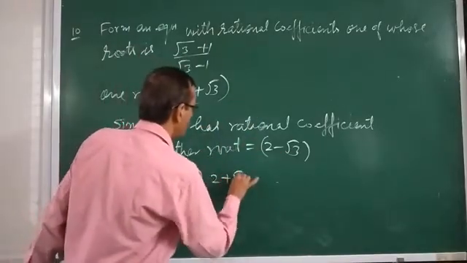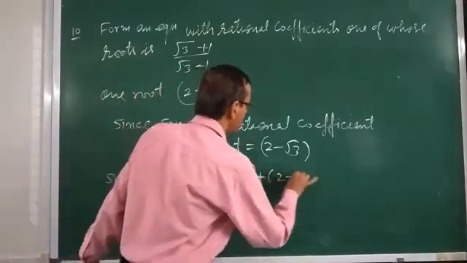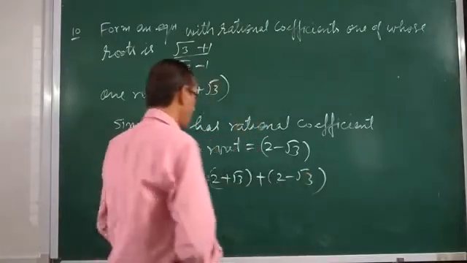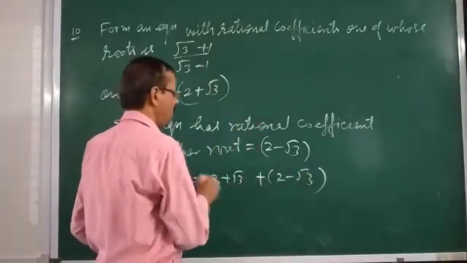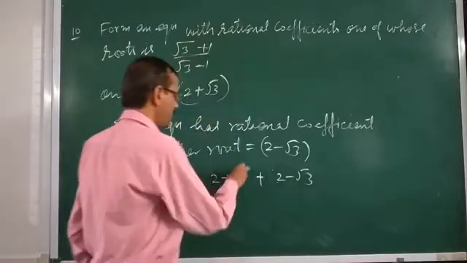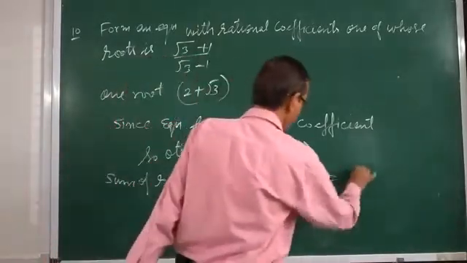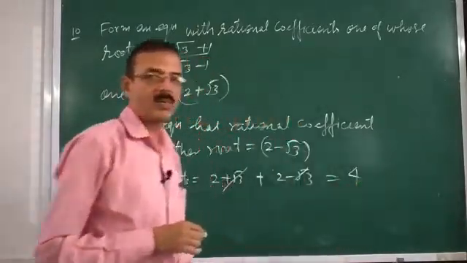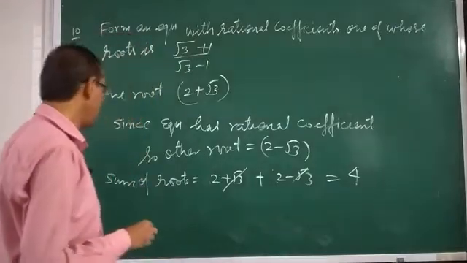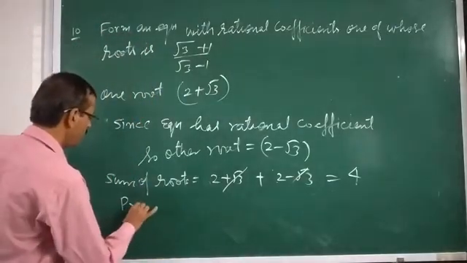So 2 plus root 3 plus 2 minus root 3. The root 3 cancels, and we get 4. So the sum of roots is 4.